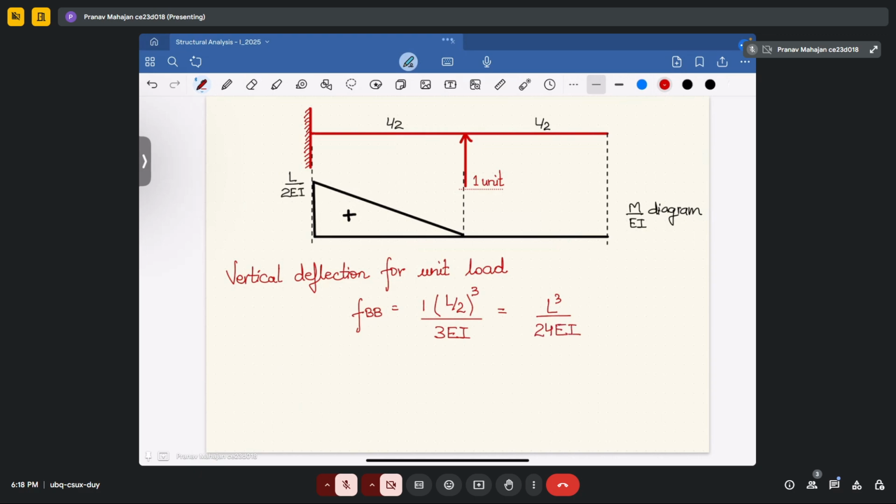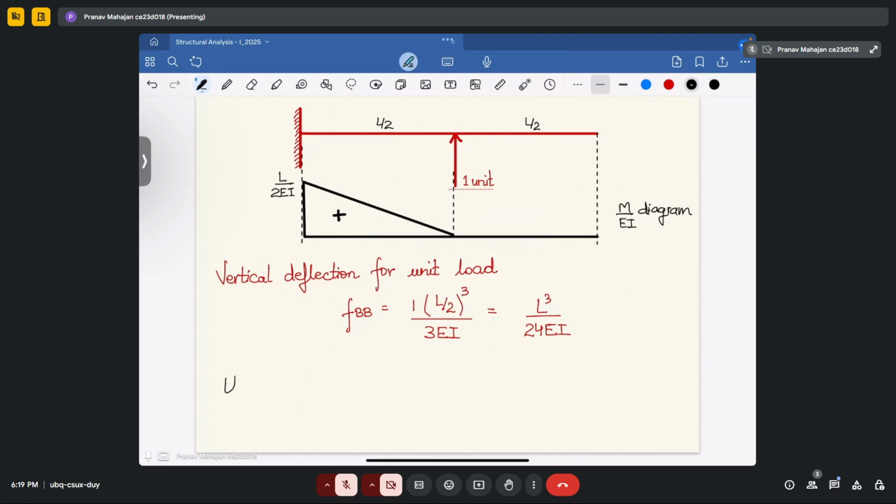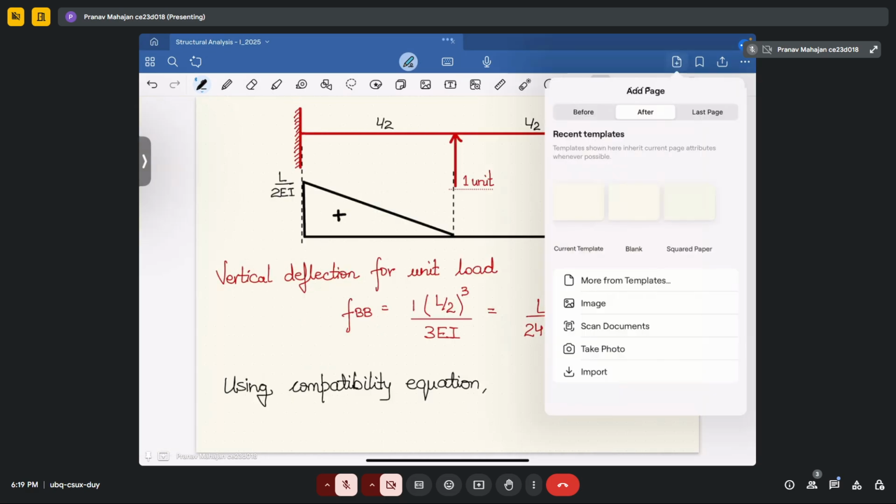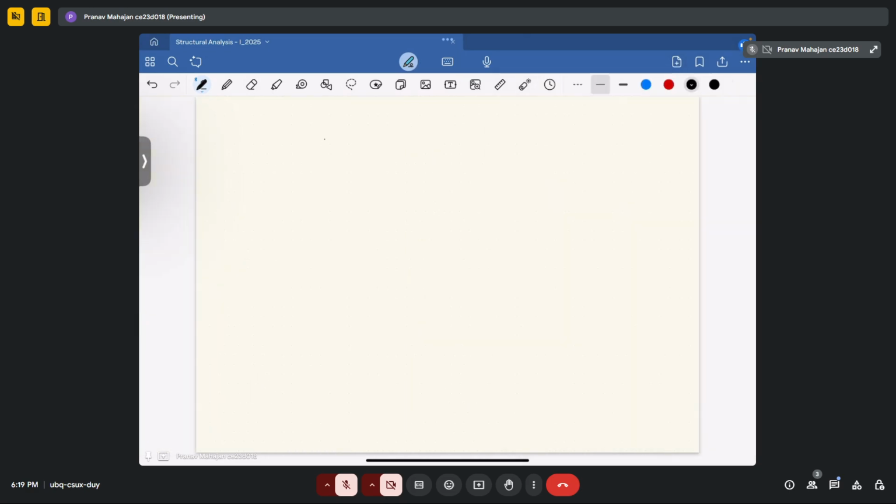Okay. Now using the concept of compatibility equation, so using compatibility equation, you have delta B plus FBB into BY to be equal to 0.